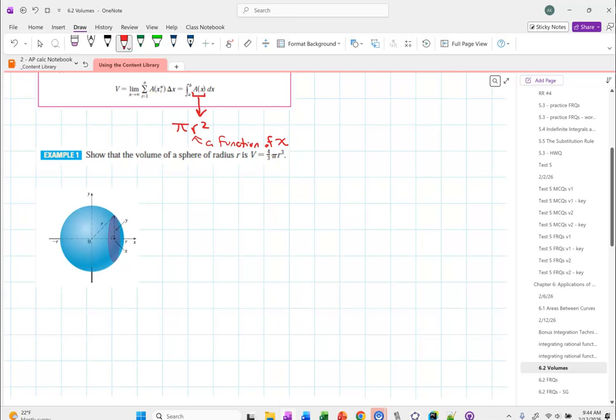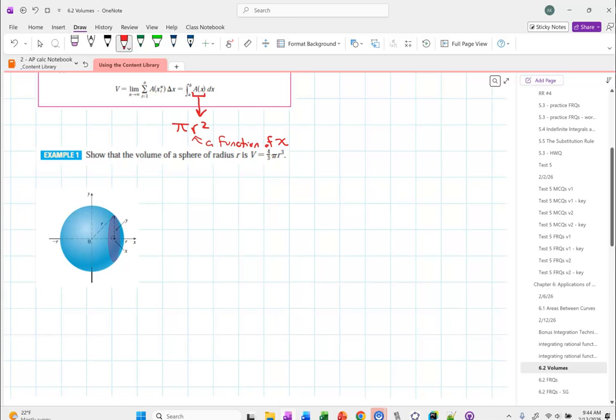All right, so here we're asked to show that the volume of a sphere of radius r is equal to 4/3 pi r cubed.